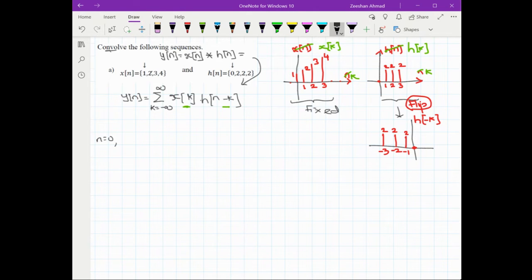So what I will have, basically, at n equal to 0, let me plot the signal here. Let me make it down here. N equal to 0. Okay, this is my signal. I'm just making the signal again here. Okay, so basically this is my signal here.